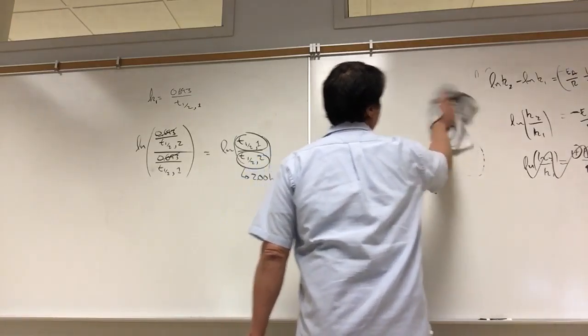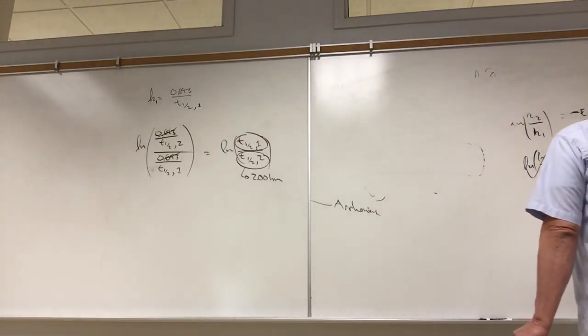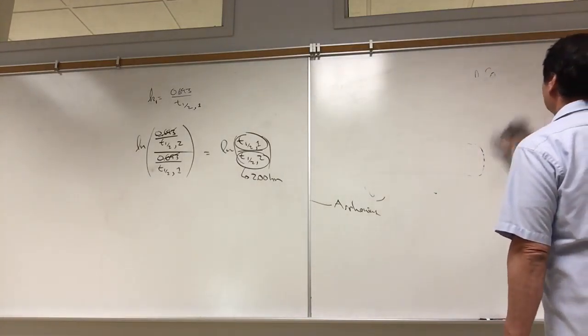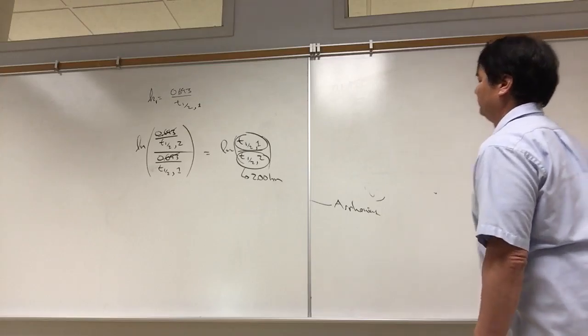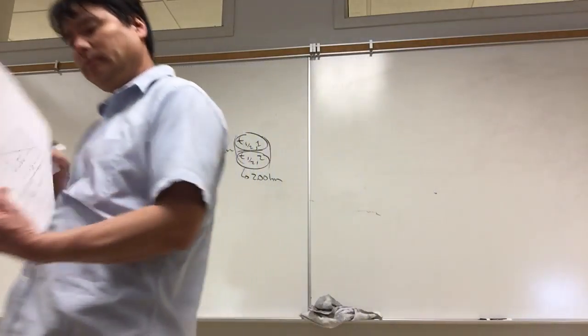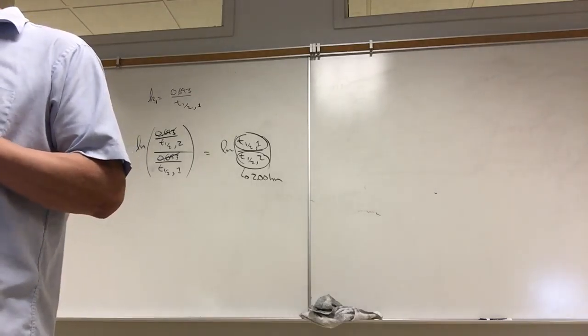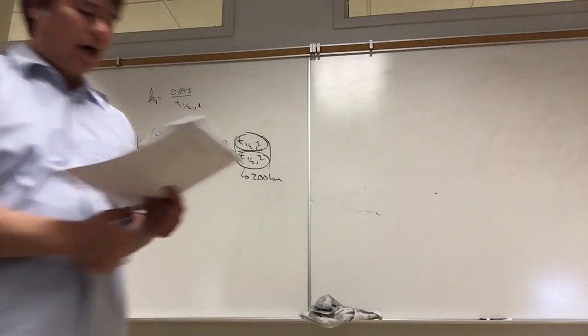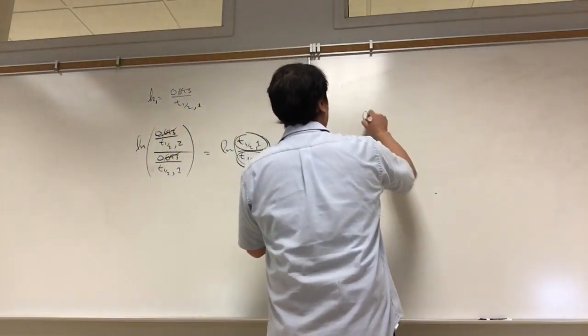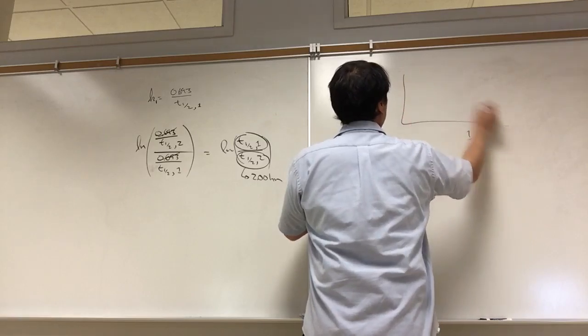So we could do that. From the Arrhenius plot, we get ln of k over 1 over T, and the slope.